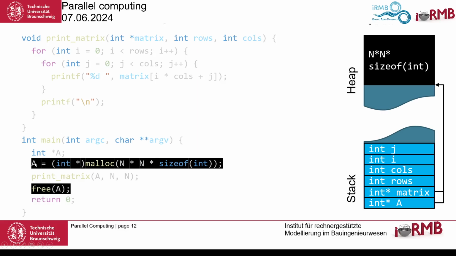So the malloc function allocates a chunk of memory somewhere in the heap. There are also slightly different malloc functions, aligned malloc, that can, for example, take care of aligning the memory with these vector constraints.